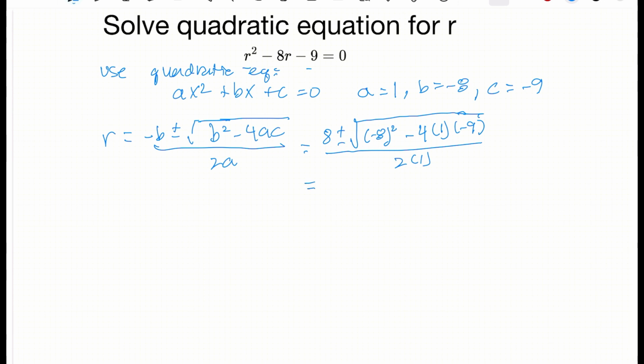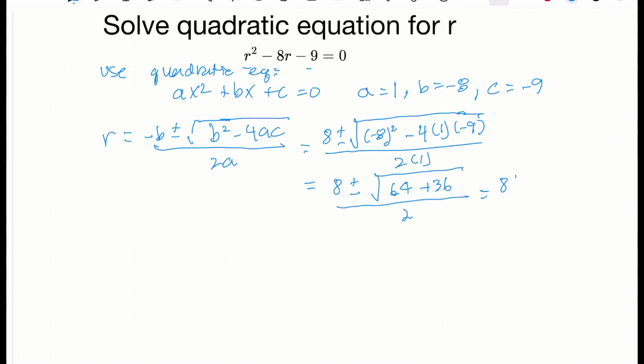Let's simplify this further. So we've got 8 plus or minus the square root of 64, and minus 4 times 1 times minus 9 is going to be a plus 36, and then divided by 2.